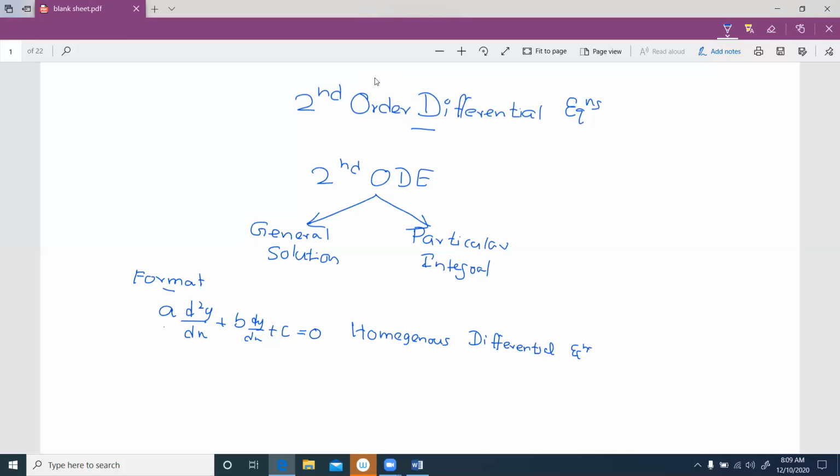If it comes in the same format, a d squared y by dx squared plus b dy by dx plus c, is equal to another function f(x), that is called a non-homogeneous differential equation. It is not equal to 0; it equals another function.